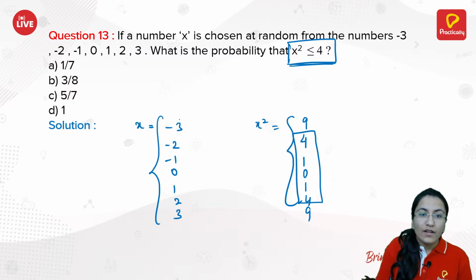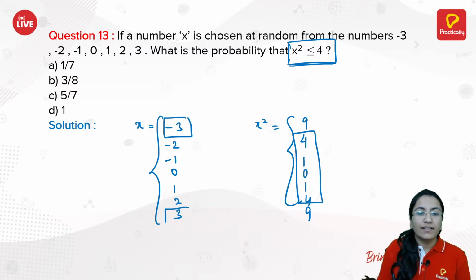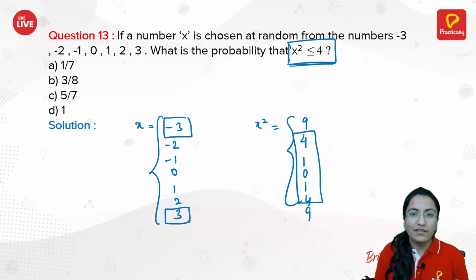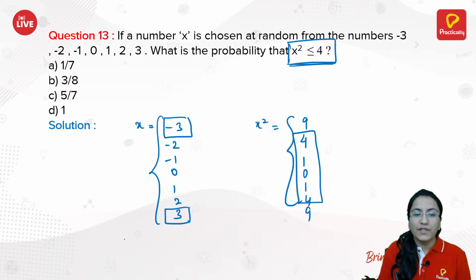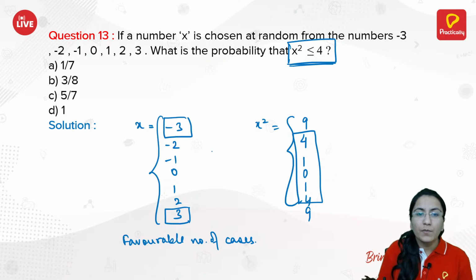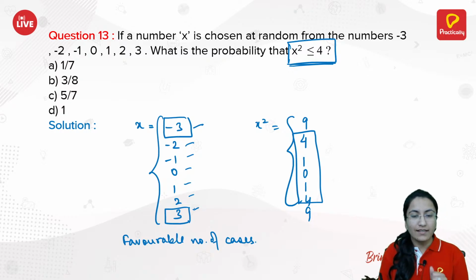That means just -3 and 3, the squares of these two numbers, do not satisfy the given inequality, right? So in such case we have favorable number of cases. In total you have 1, 2, 3, 4, 5, 6, 7 cases and you have 5 favorable cases.